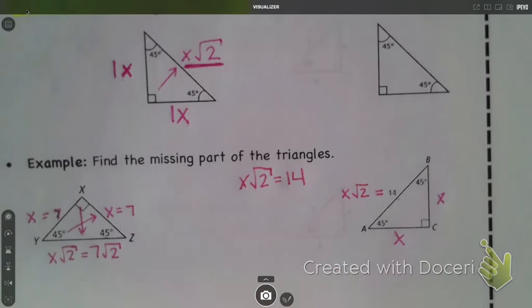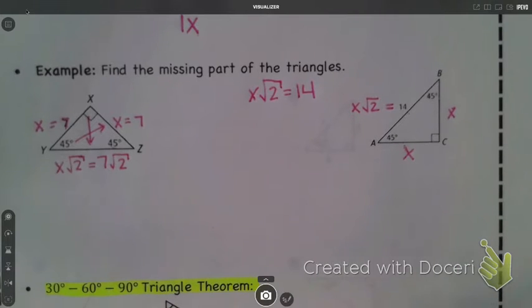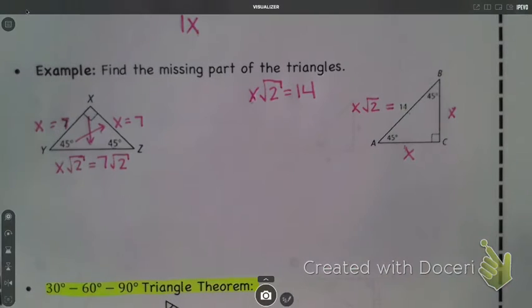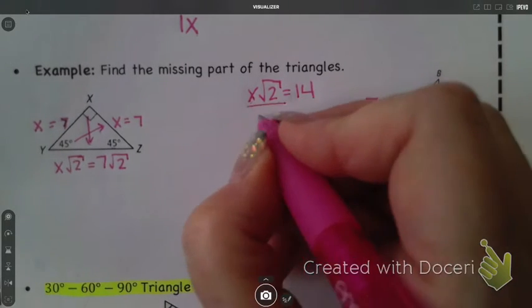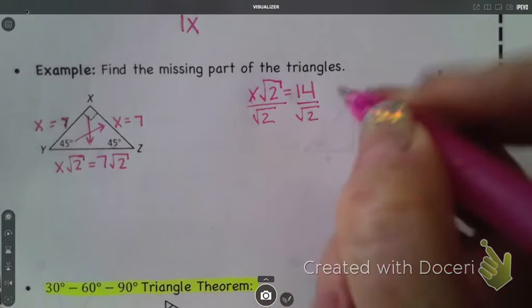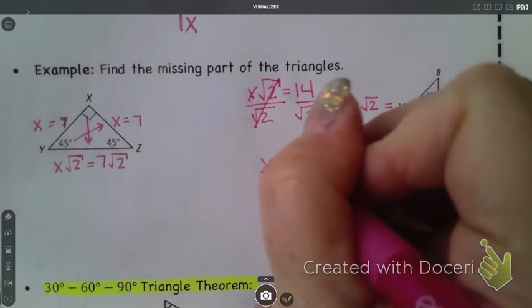Right? Okay. So how do I solve for x? This is multiplication. How do you undo multiplication? Division. So I divide both sides by the square root of 2. So the square root of 2 and the square root of 2 on the left reduce, and I have just x.